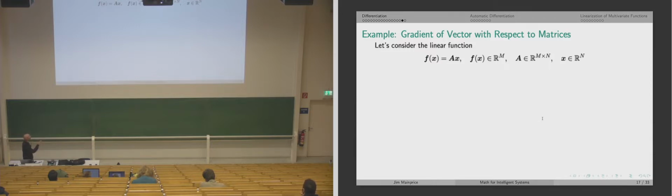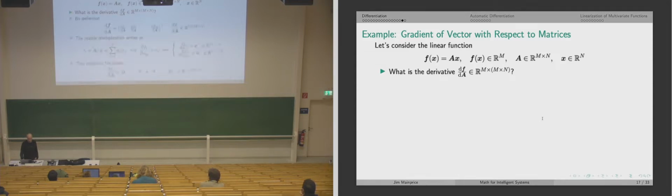We have a constant matrix, and the same function, but instead of having the differential with respect to the vector, we want it with respect to the matrix. When we did it with respect to the vector, we ended up having a Jacobian matrix which was A. And now we're going to have something different.